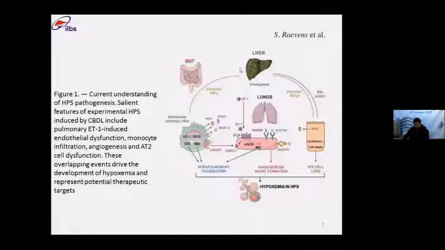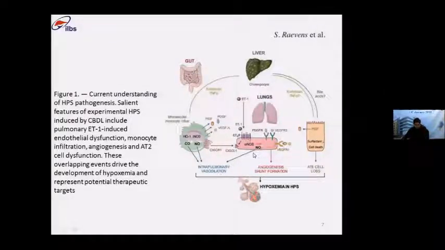In the presence of a leaky gut, there is endotoxemia, which can affect the lungs directly. These endotoxins and TNF alpha affect the endothelial cells, and endothelin acts on the endothelin B receptor, leading to a downstream cascade of intrapulmonary vascular dilatations.